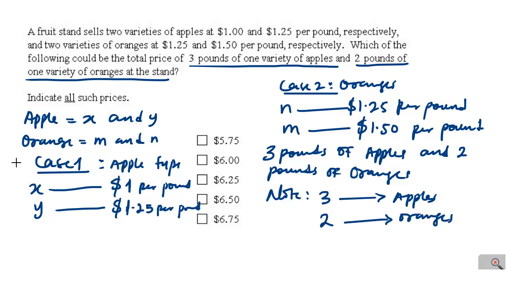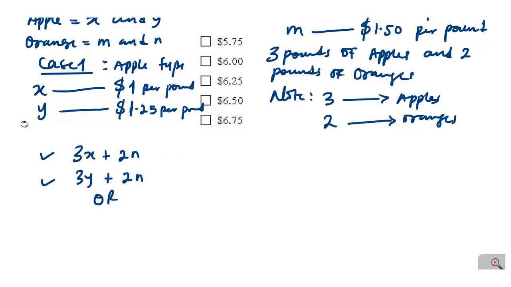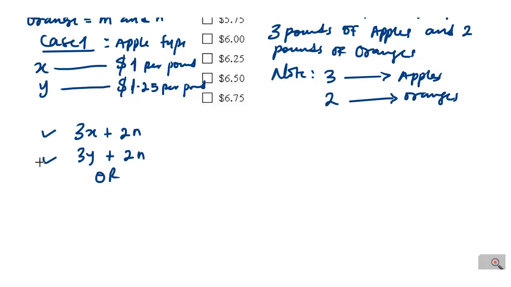So all we now do is see the different possible combinations. They will be 3x plus 2n, 3y plus 2n, 3x plus 2m, and 3y plus 2m.